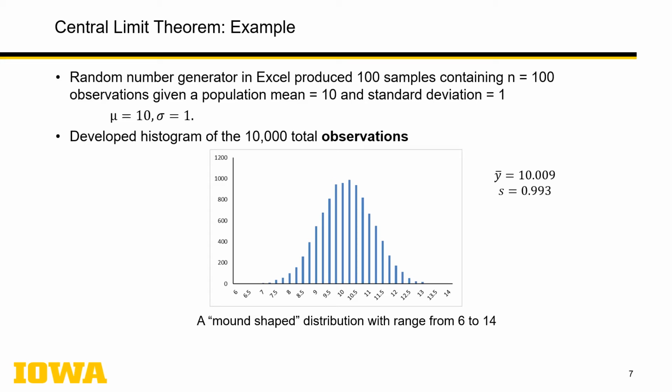Okay, now let's take a look at an example of the use of the central limit theorem to try to tease out all these means that we're talking about and standard deviations and standard errors. First, I developed an Excel spreadsheet using one of the functions in the data analysis toolpack that allows you to produce random values, in this case given a desired population mean of 10 and a standard deviation of 1.